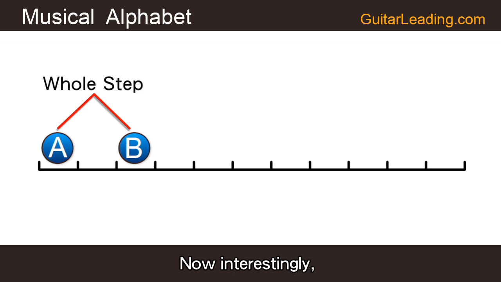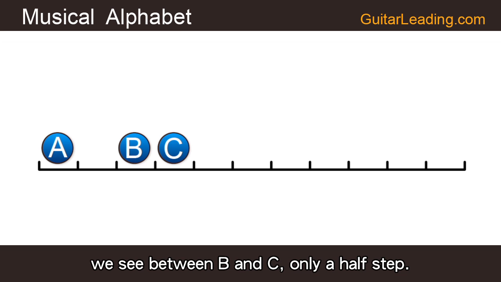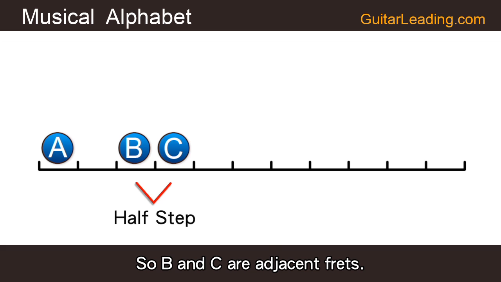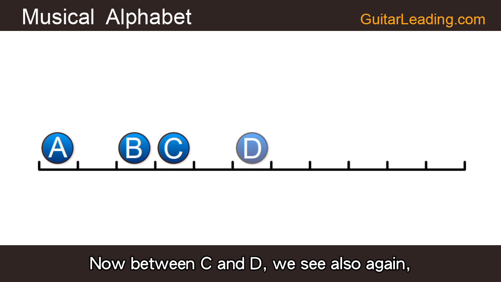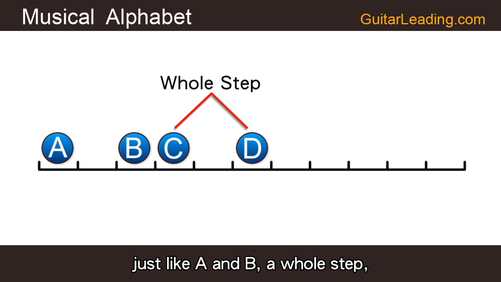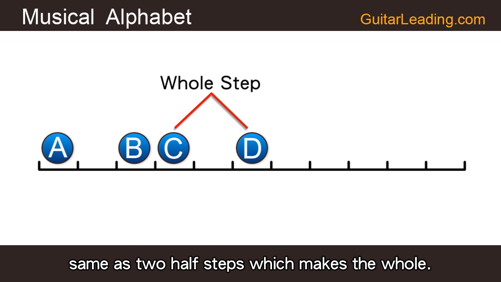Now, interestingly, between B and C we see only a half step. So B and C are adjacent frets. Between C and D, we see again, just like A and B, a whole step, the same as 2 half steps.